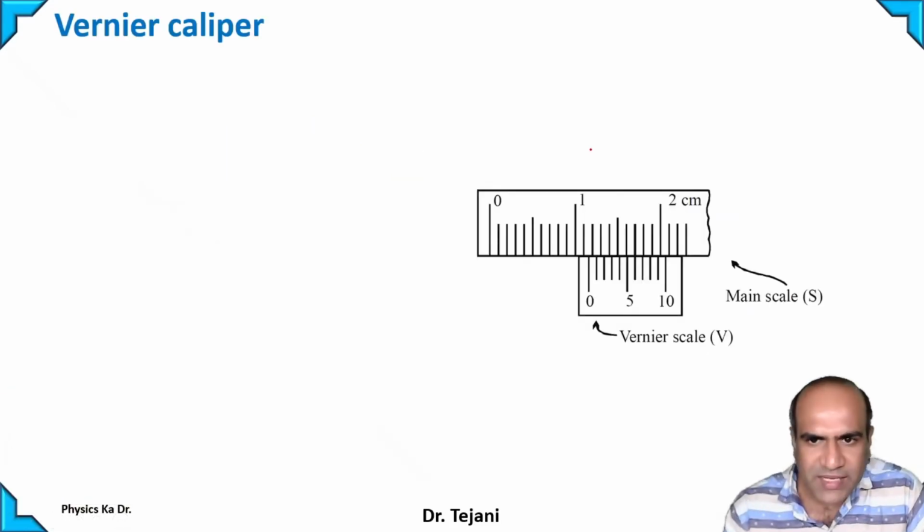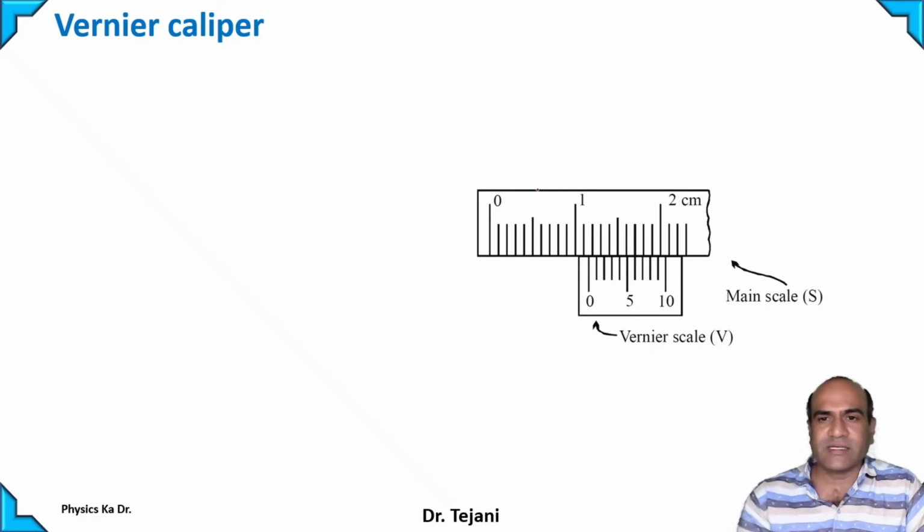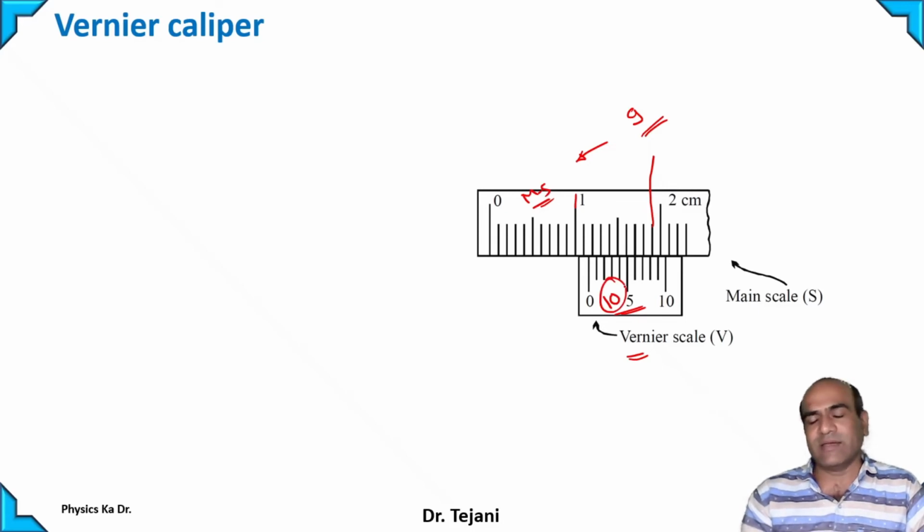So this is how the main scale works. This is the main scale, and this is the Vernier scale. Mostly in the forward Vernier scale, on the main scale you take 9 divisions, and those 9 divisions are divided on the Vernier scale into 1 more, that means 10 divisions.